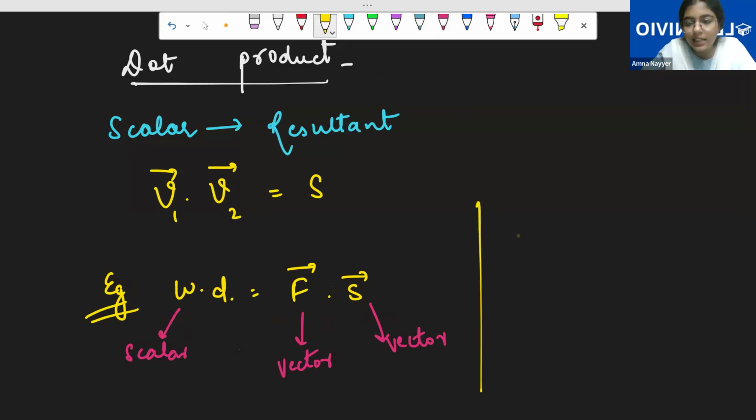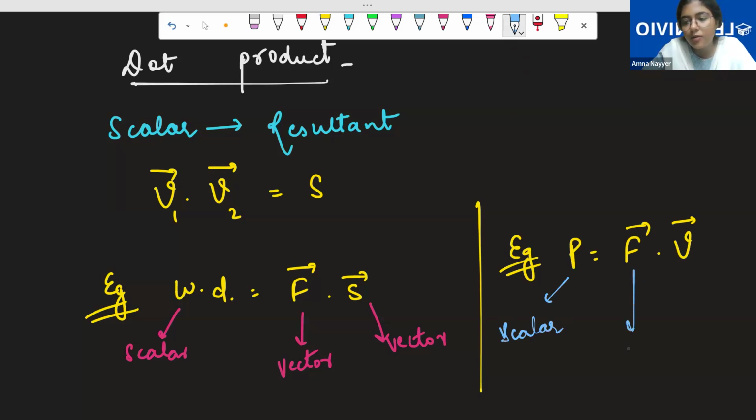Or one more formula in that chapter would be power is equal to force dot velocity. Here also power is a scalar quantity, force is a vector quantity, and velocity is also a vector quantity. So this is when you apply the dot product.